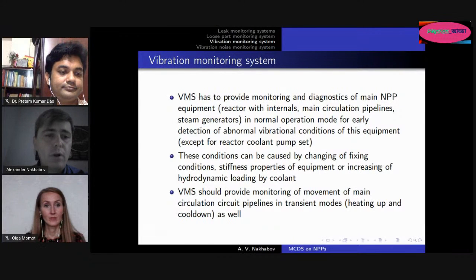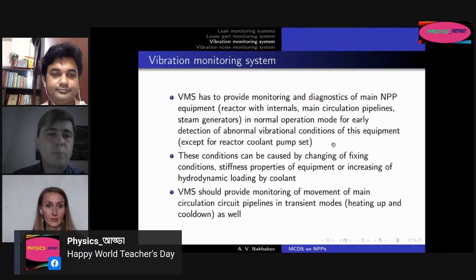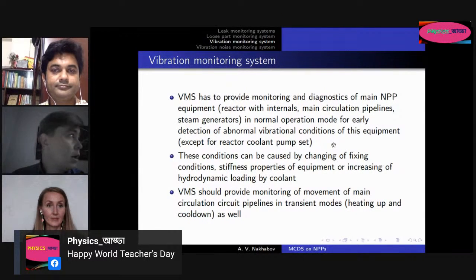But first of all, on a nuclear power plant, we are concerned about vibration in rotating equipment. When we talk about main circulation pumps, other pumps, because in general on a nuclear power plant with VVR 1200, there are more than, as I know, 200 pumps, different pumps. So a huge number of different sizes and so on.